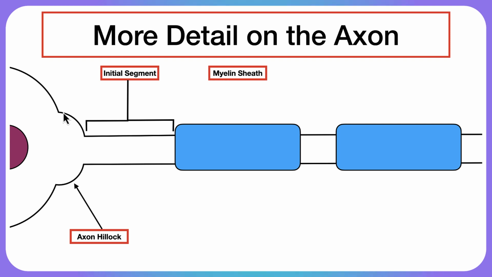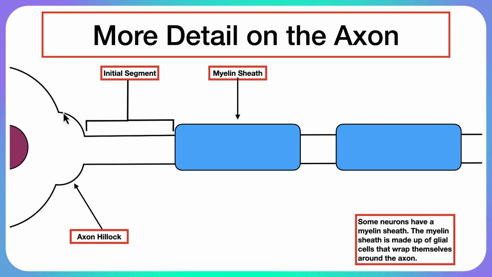Another part that we can see on some axons is something called the myelin sheath. So some neurons have a myelin sheath. The myelin sheath is going to be made up of glial cells that wrap themselves around the axon. And the myelin sheath is really good for providing insulation to the cell, so it allows electrical signals to travel better, quicker, and further.